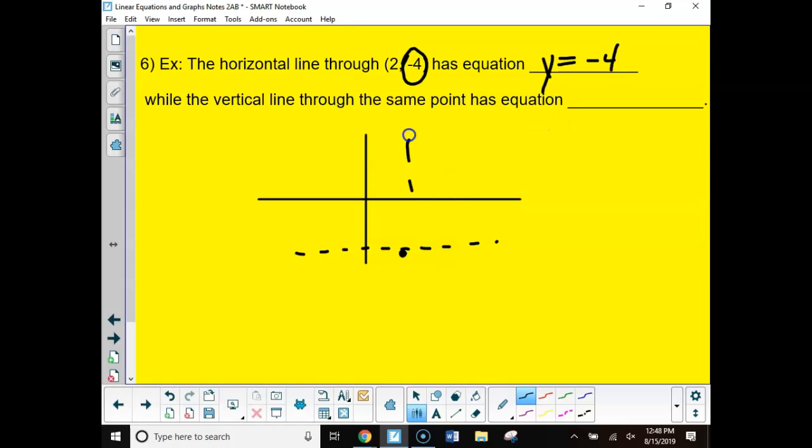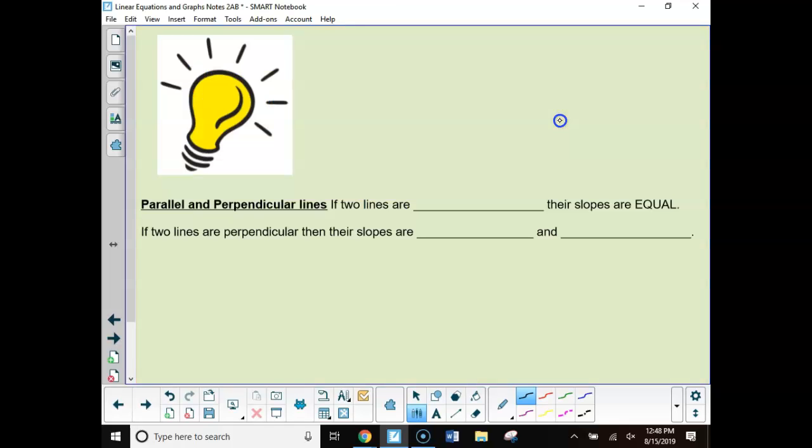So what do you think the vertical line is that goes through that same point? X equals, and that point had an x value of 2. Don't you hate when it's way easier than you thought it was going to be? Then you feel silly.